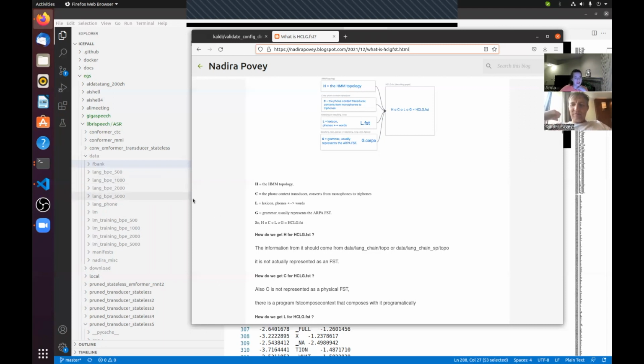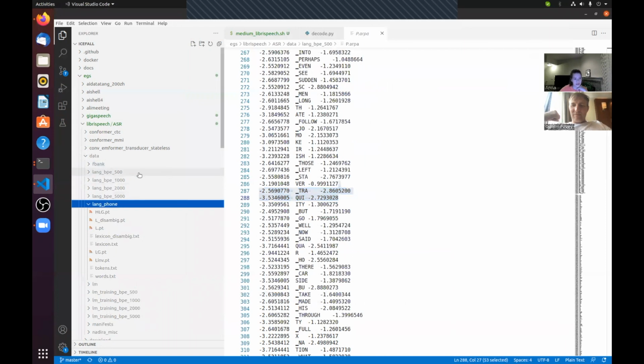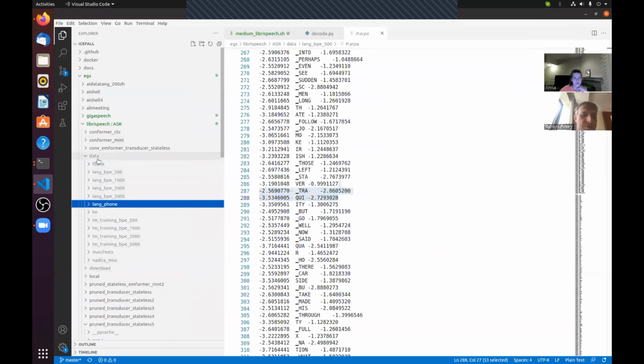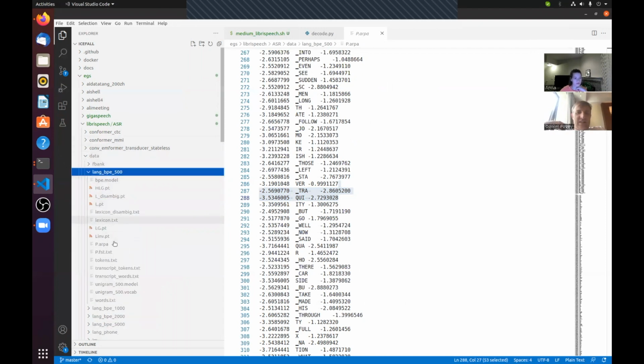Okay, yeah, got it. Could you walk us through these different documents? Oh, okay. So firstly, I want to mention that this lang phone directory is a slightly Kaldi style language model directory, like we're doing Kaldi style graphs.